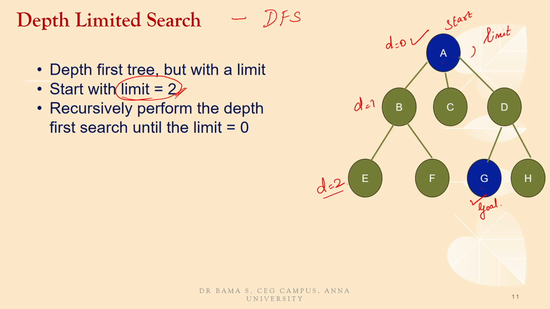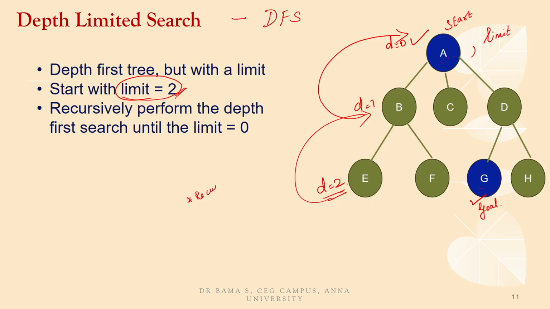Then we can specify this limit within the program, and it will go recursively from D equal to 2, then to D equal to 1, check for goal, and again go to D equal to 0 and check for goal. At each point, recursively, when it goes back to the parent, it does a depth first search.